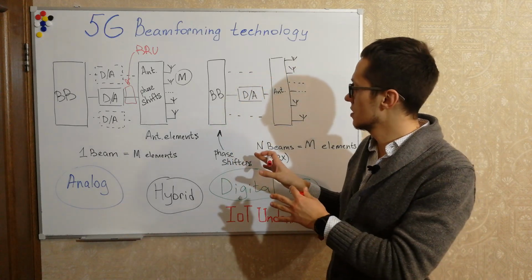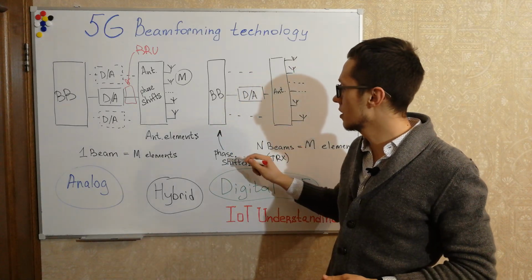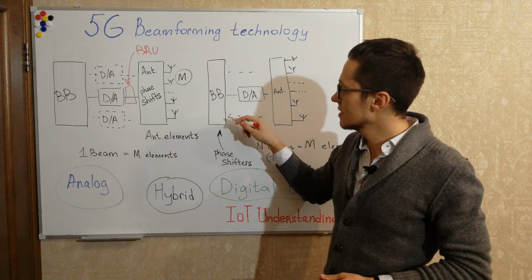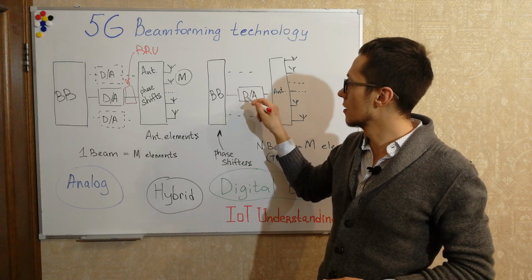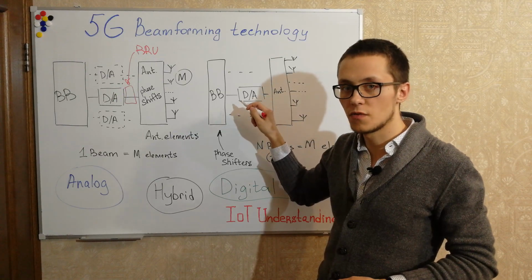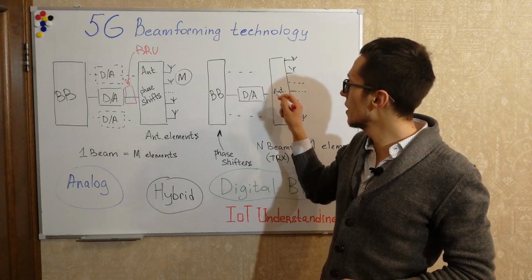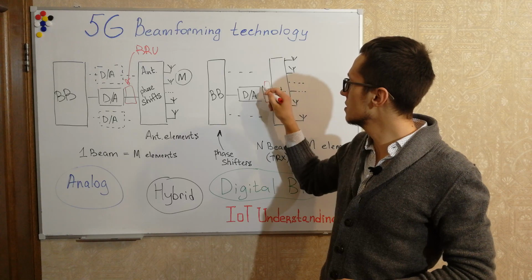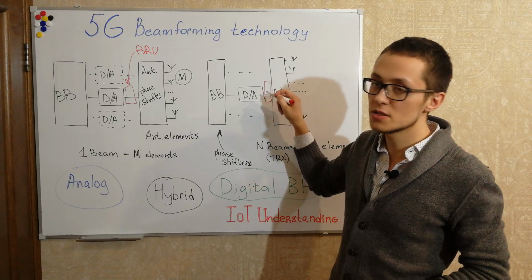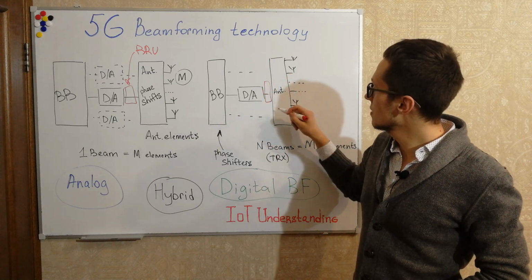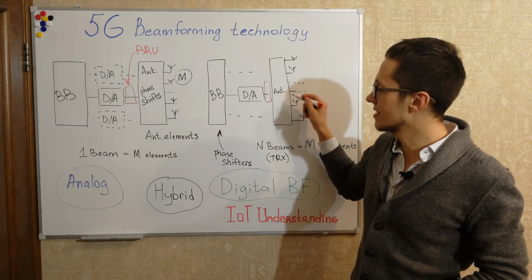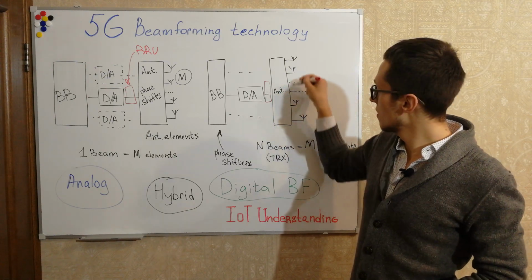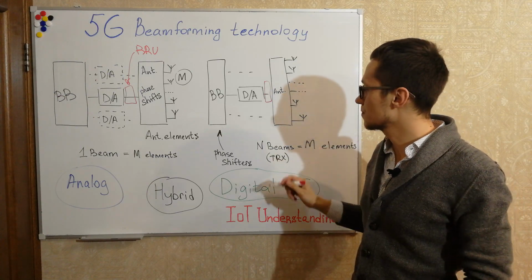So this is an advantage of digital beamforming. All of these changes are in digital form. Then we convert the signal from digital to analog, then we amplify that signal by power amplifiers, and such a signal goes to an antenna with multiple elements.